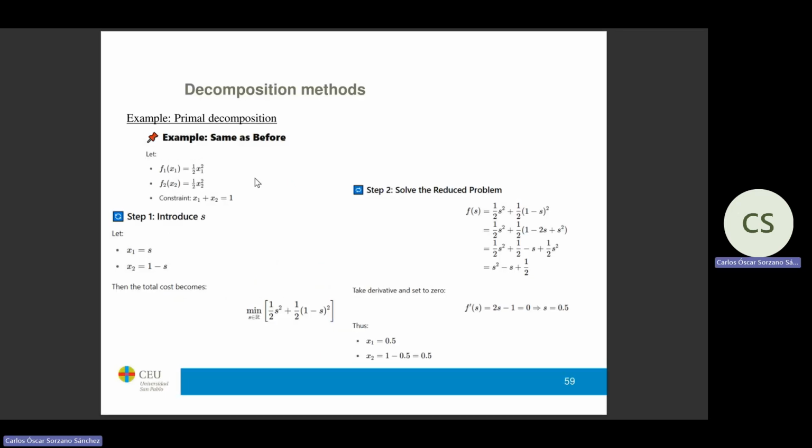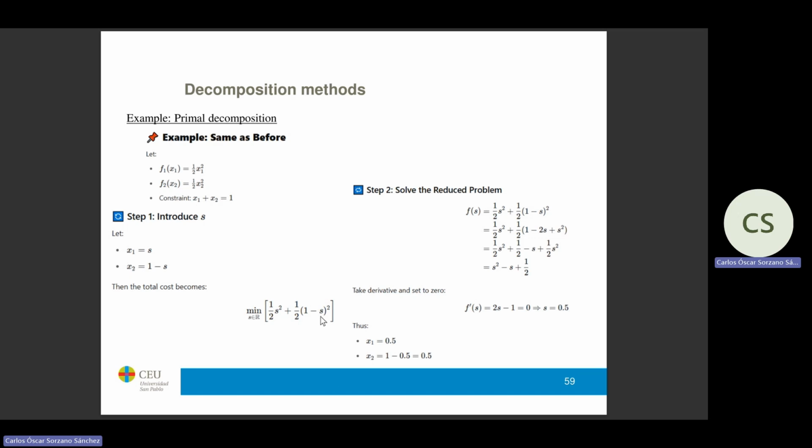Here, let's say that we have the same example as before. This is the part that depends on x1, the part that depends on x2, and the constraint. We fix x1. Once x1 is fixed, because of the constraint, x2 is fixed.